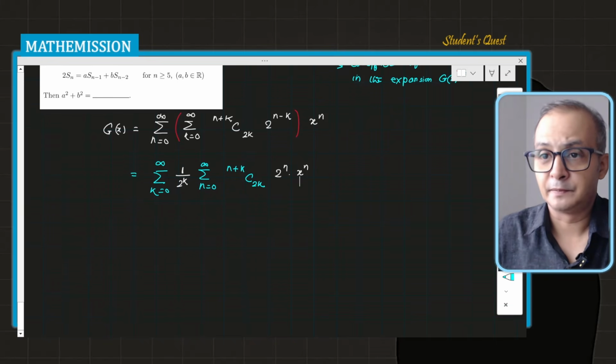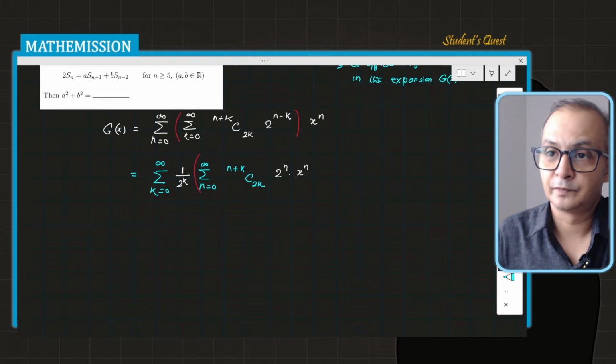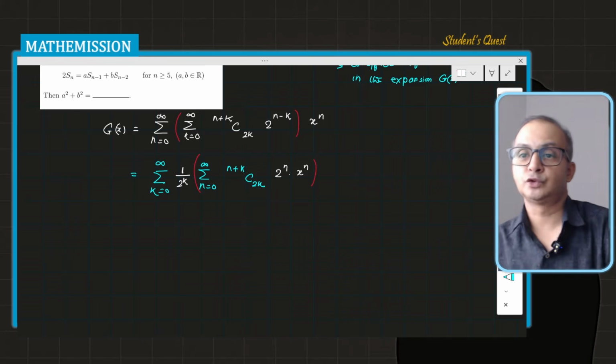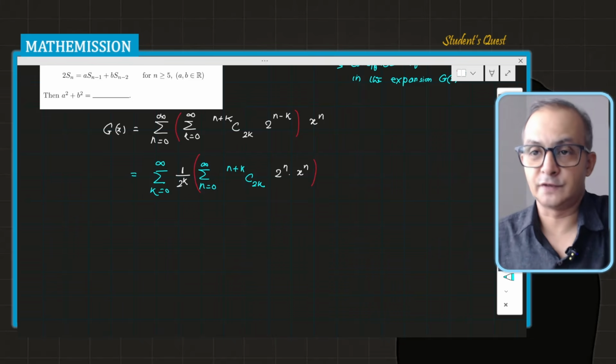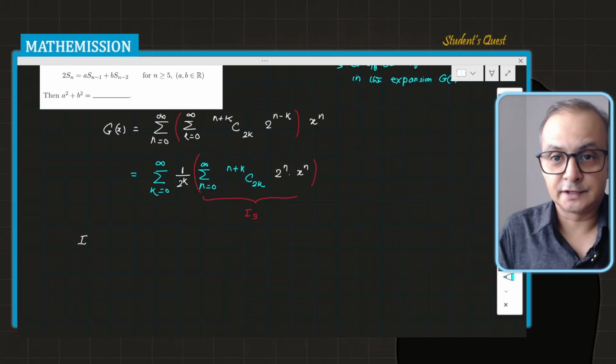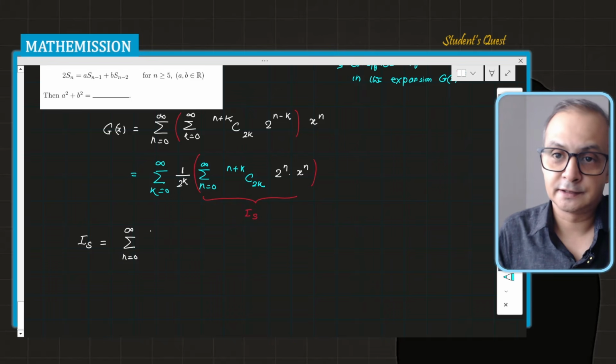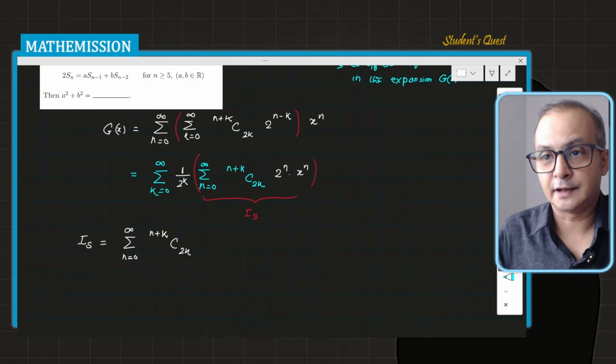In this, I can combine this thing, the inner sum, and I'm going to perform all the operations of the inner sum first. So I'm calling this here the inner sum, and there is going to be summation n goes from 0 to infinity, then (n+k) C 2k, and this I can combine together, so write (2x) to the power n.